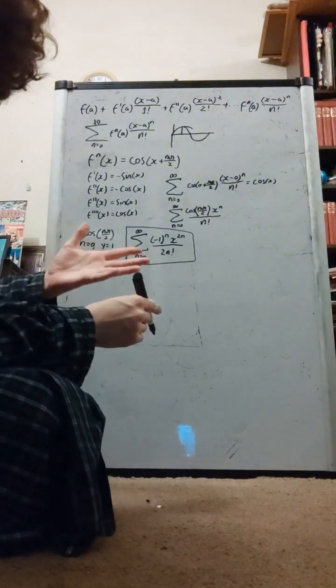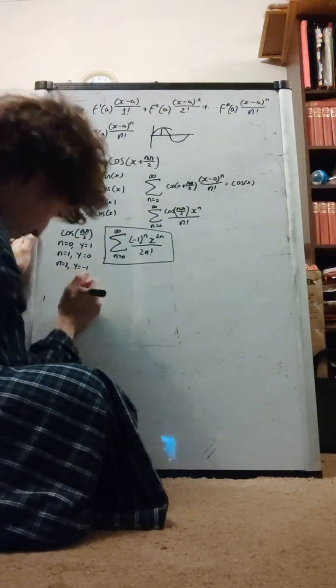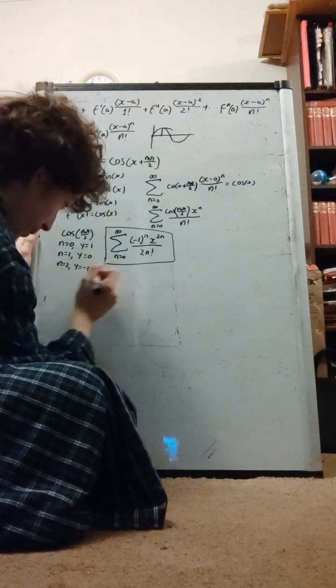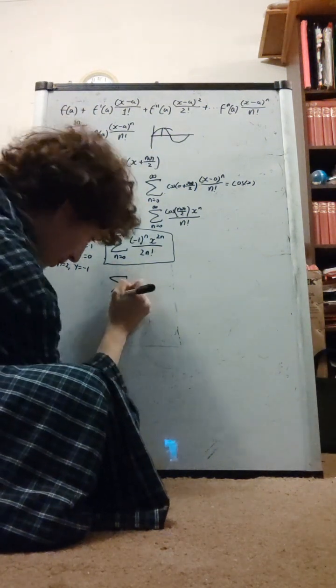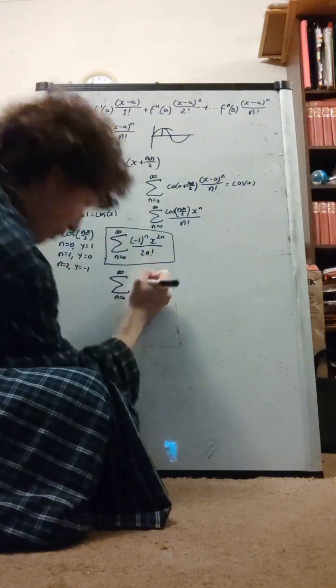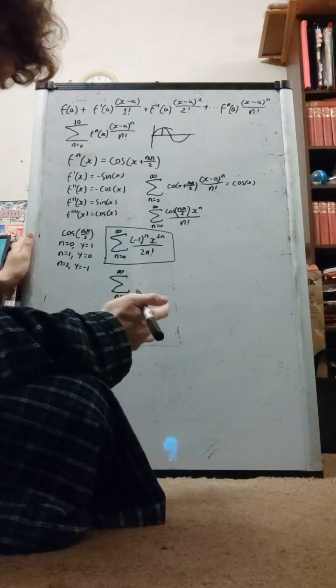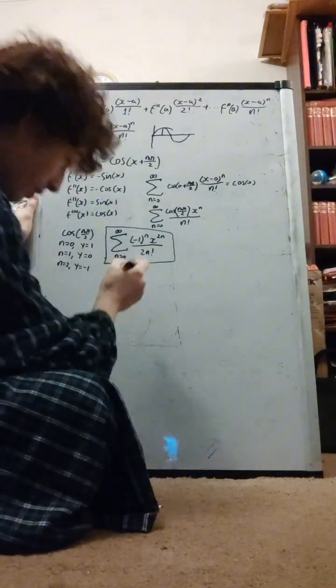If I do the e to the x version of it, we get the sum n equals 0 to infinity of the nth derivative of e to the x, which, as you know, the property of e to the x is that every derivative of e to the x is e to the x.